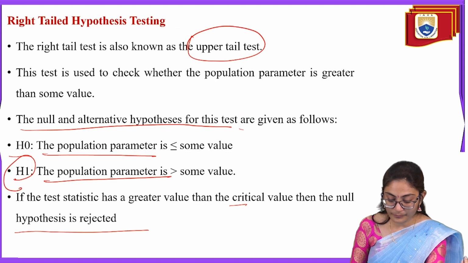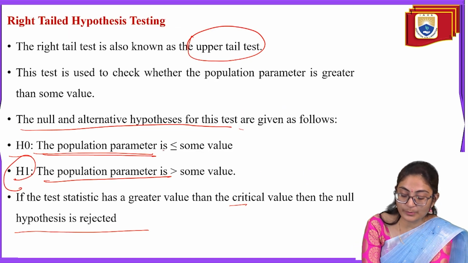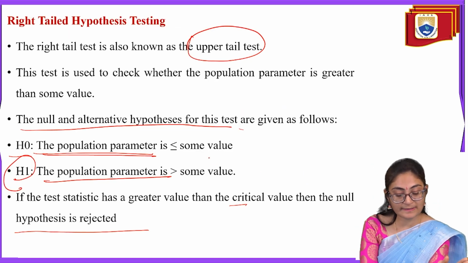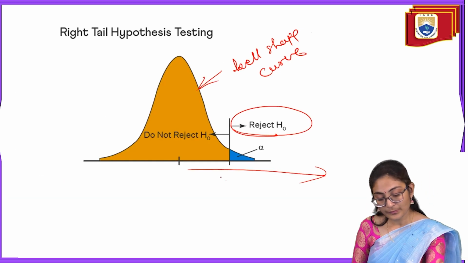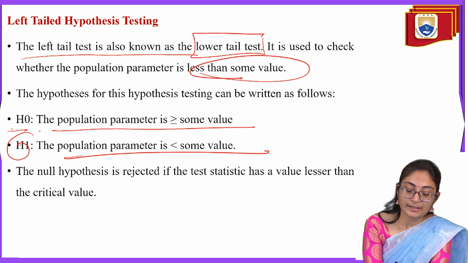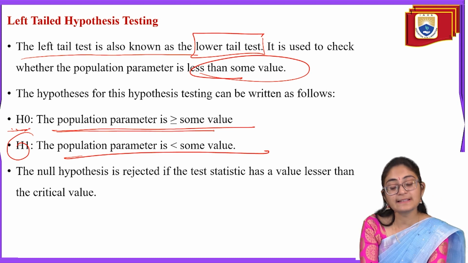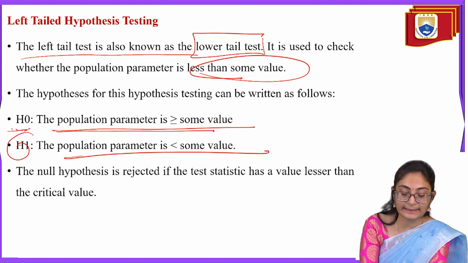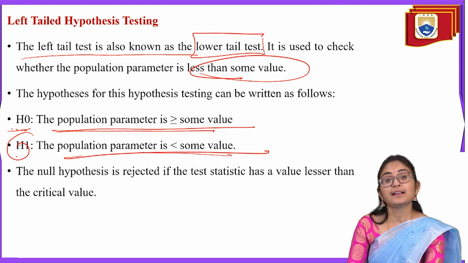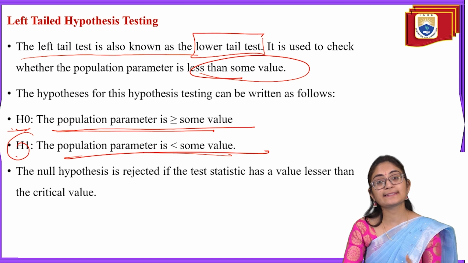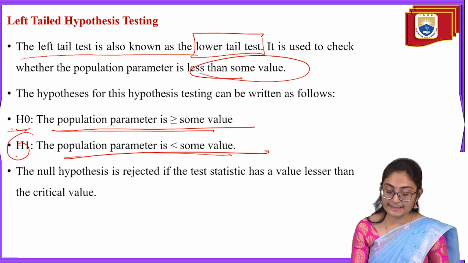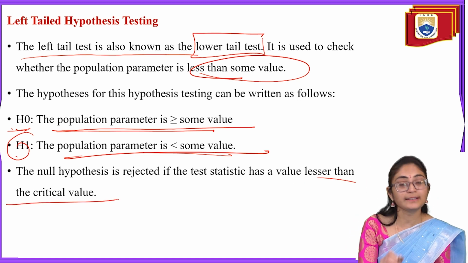Here you can see, in the right tail, the population parameter is less than or equal to some value as H0 and H1 is greater than some value. But in left tail, H0 means the population parameter is greater than or equal to some value and H1 is your population parameter is less than some value. That means the null hypothesis is rejected if the test statistic has a value lesser than the critical value.